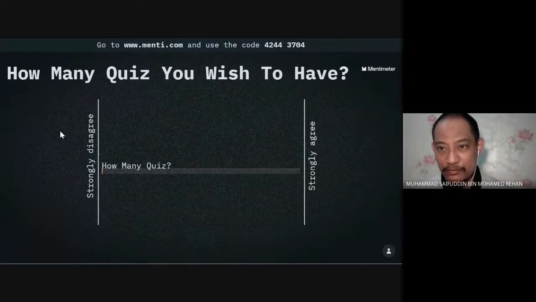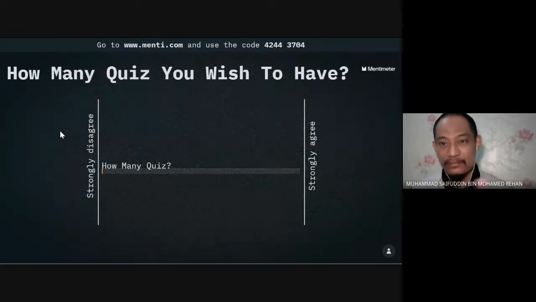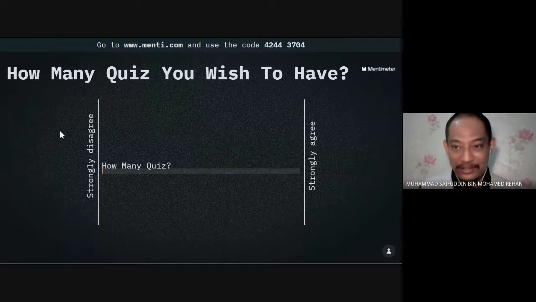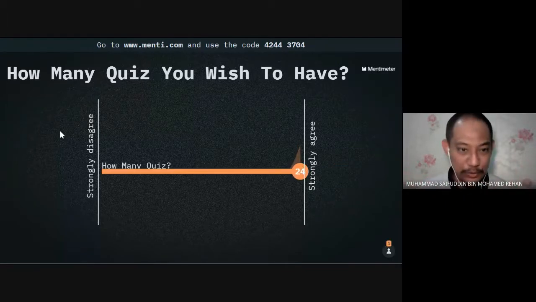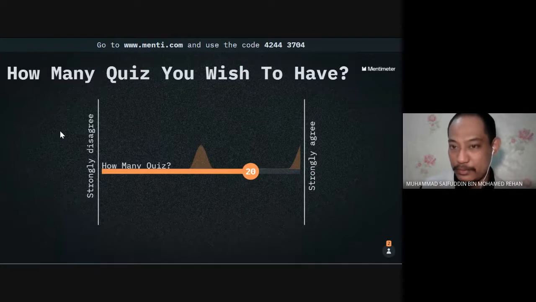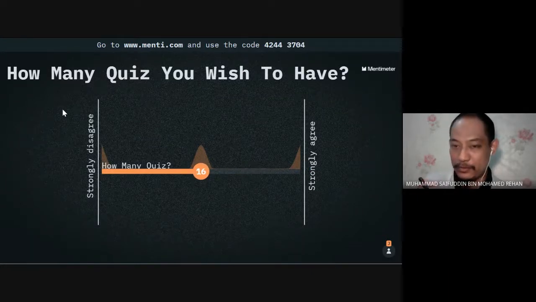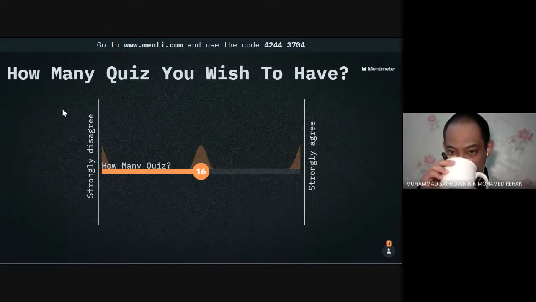Use that code 42443704 and just, I think the minimum is 8 in terms of the choice that you can have, the maximum of 24. So within that range, which do you prefer? So please do submit your preference.